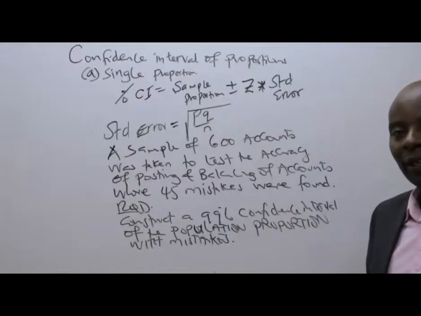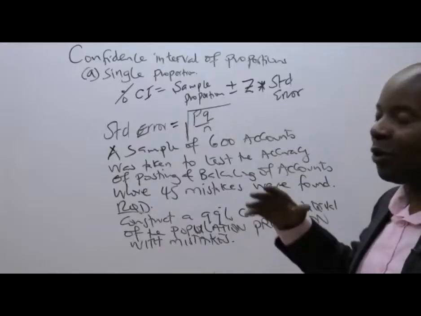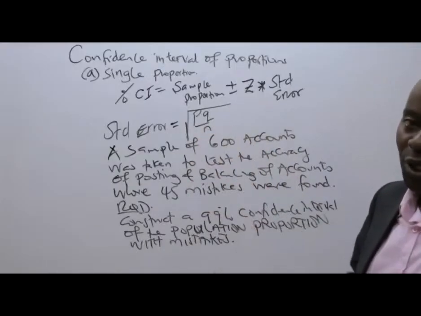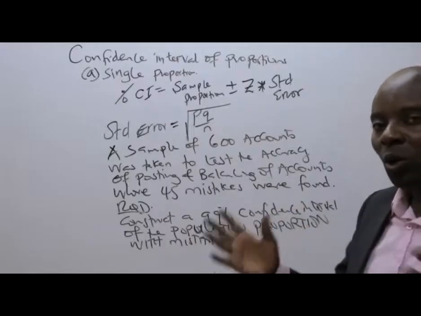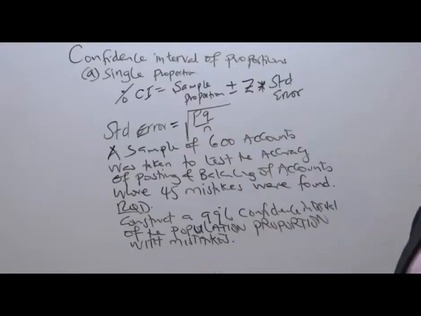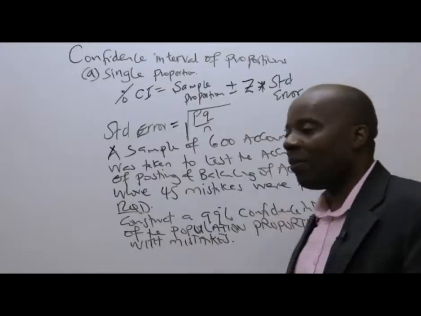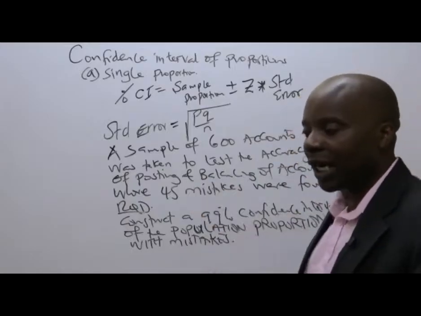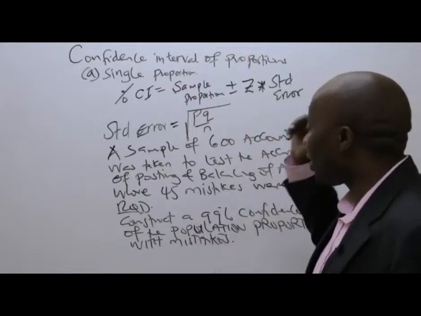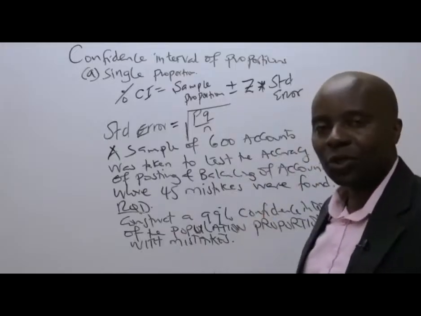Now, ladies and gentlemen, we have here a sample. We could be a big company with so many ledgers, but of course we can't go looking at the entire thing. We can't carry out a census. It would be very expensive. So what we have done is take a sample of 600 accounts, and out of these 600 accounts, 45 of them have mistakes.